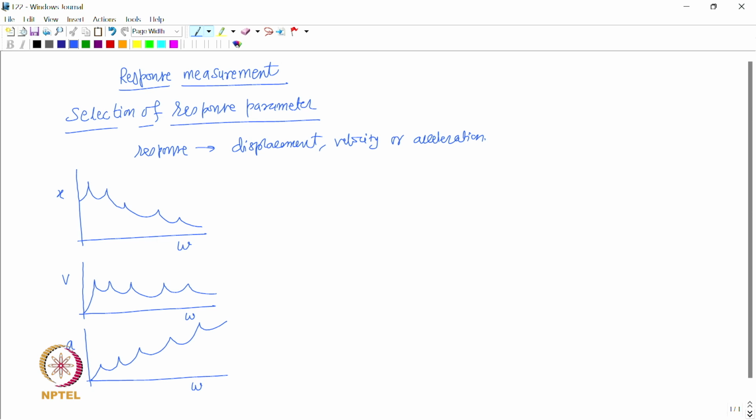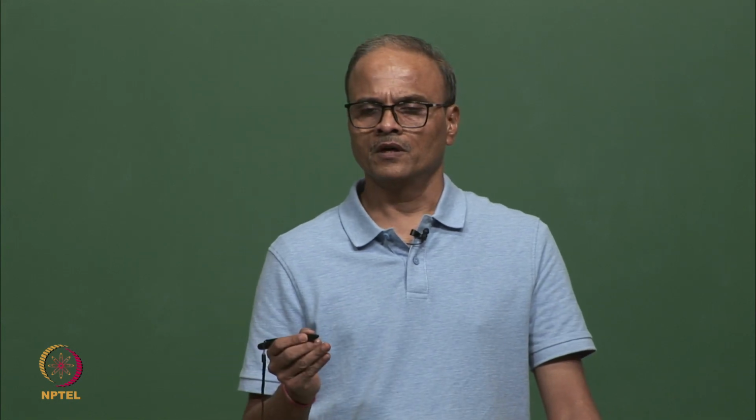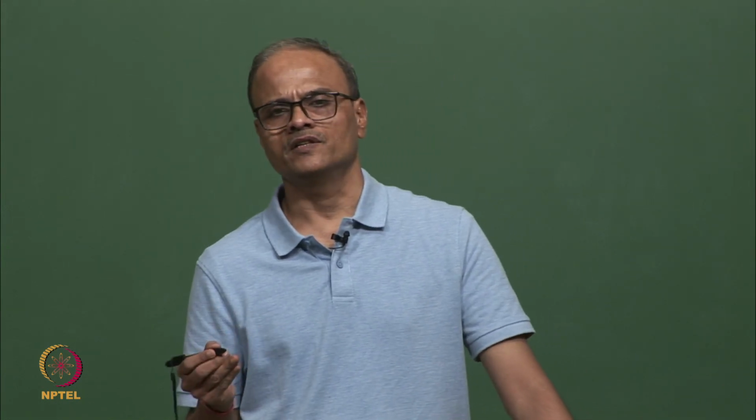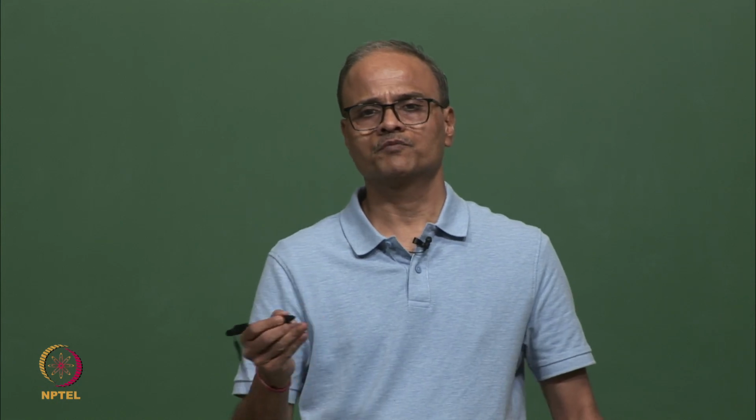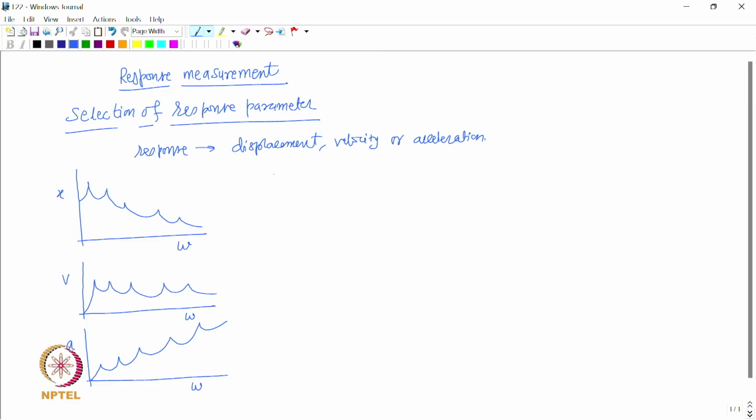What we see is that in the low frequency range the displacement is high, right, but as the frequency increases the displacement becomes lower and lower, because at higher frequency the structure finds it difficult to respond with a higher displacement. So the displacement is low in the high frequency range.